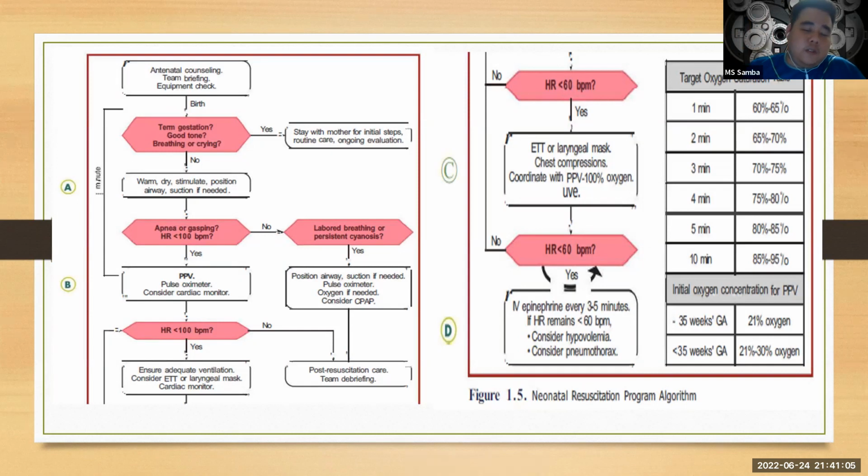If the heart rate is persistently less than 100, we ensure adequate ventilation, and consider ETT or laryngeal mask, with cardiac monitoring. Then we check the heart rate again. If it has risen above 100, we do post-resuscitative care. But if it is decreasing, we follow the flow in the algorithm. All right, I think that's all from me.